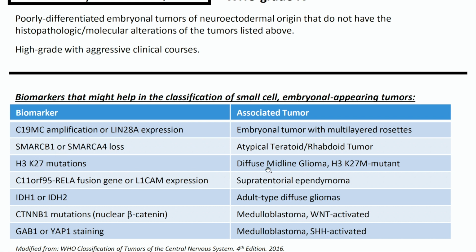H3 K27 mutations, diffuse midline glioma, H3 K27 altered. C11orf95-RELA fusion gene or L1CAM expression is a supratentorial ependymoma. IDH1 or IDH2 mutations is adult type diffuse gliomas. CTNNB1 mutations, nuclear beta-catenin: medulloblastoma, the Wnt activated pathway. And then GAB1 or YAP1 is the medulloblastoma, sonic hedgehog activated pathway.